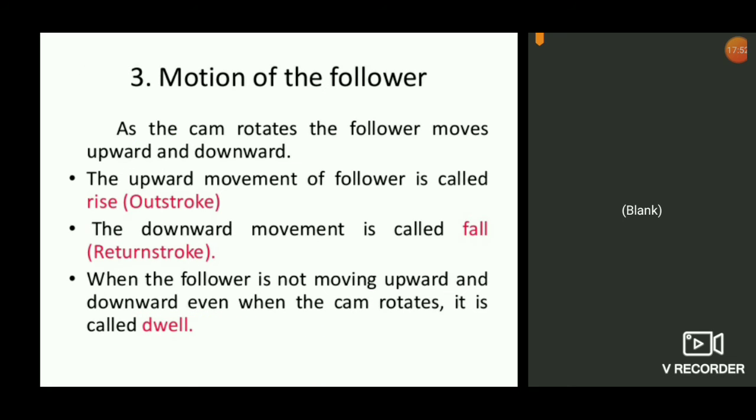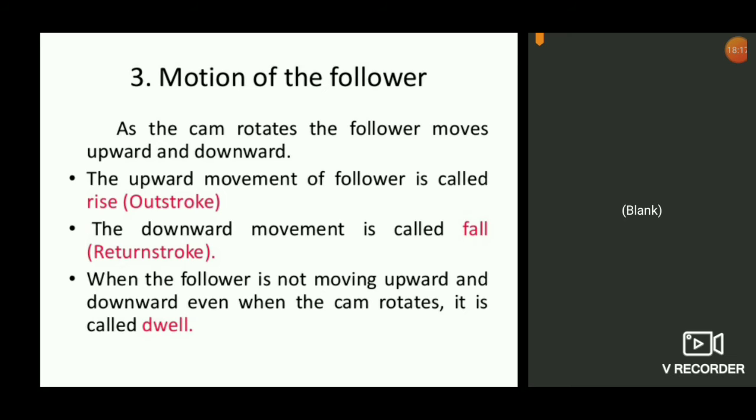Now we'll move on to the motion. You know that when a cam is rotating, the follower can reciprocate, rotate or oscillate. When the cam rotates, the follower will move up and down. When the follower is moving in the upward direction, it is called rise, or also known as outstroke.